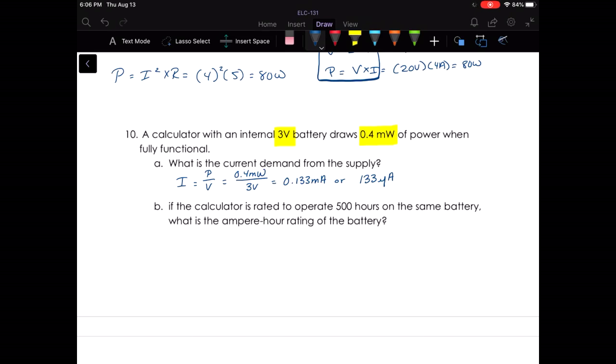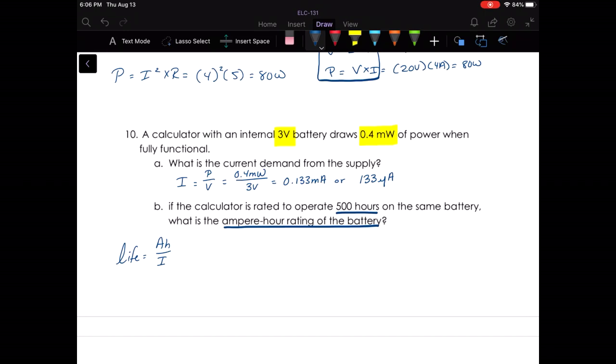So if the calculator is rated to operate for 500 hours on the same battery, what is the ampere hour rating of the battery? Remember, we found that the life of the battery was the ampere hour rating divided by the amount of current we needed to supply the circuit.